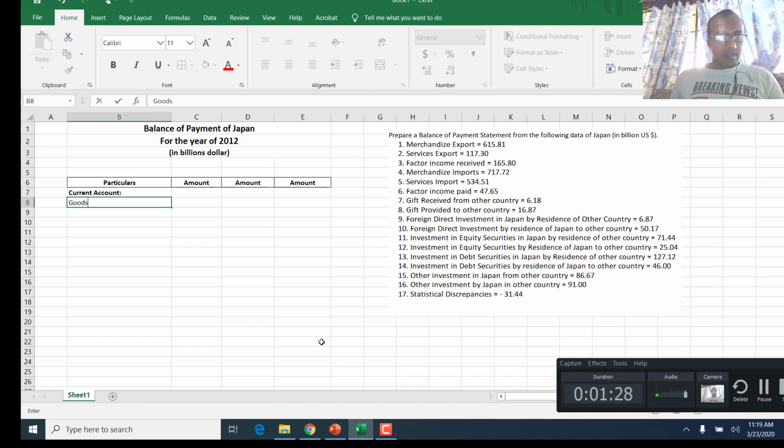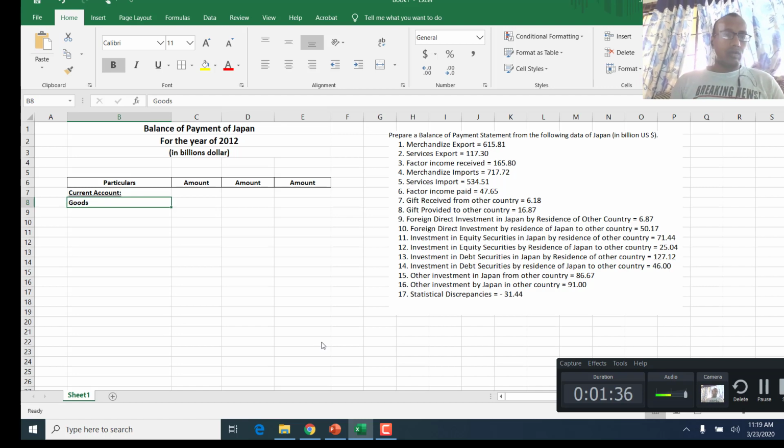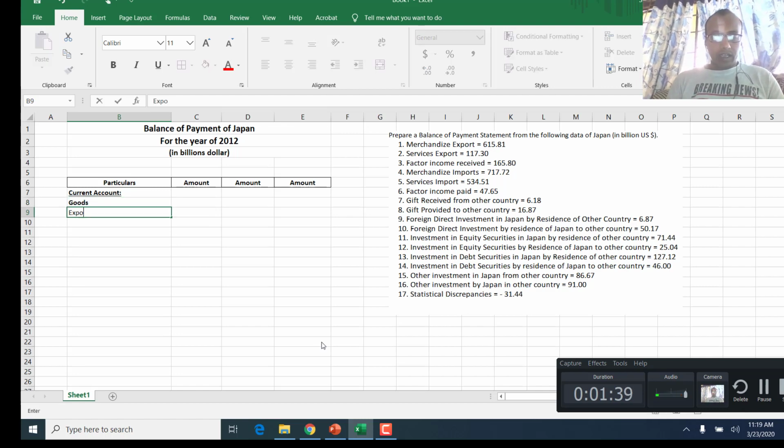You underline the current account, then under the current account there is goods. First, exports of merchandise. You see the first transaction, merchandise exports.